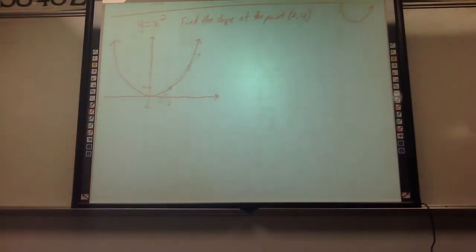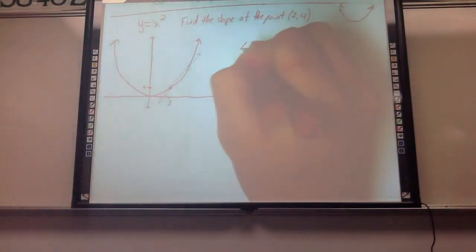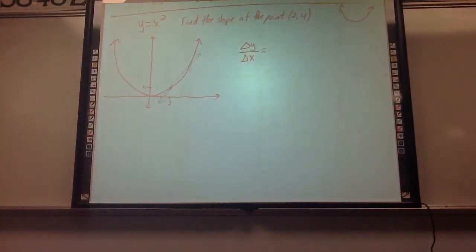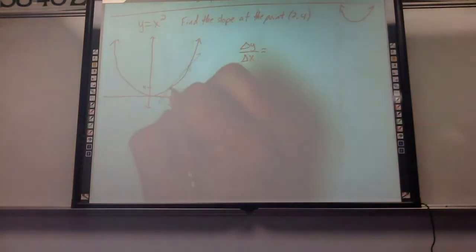Okay, so here's what we're going to do. Before we did change in y over change in x, we're still going to do the same thing. This is our point 2, 4, right?